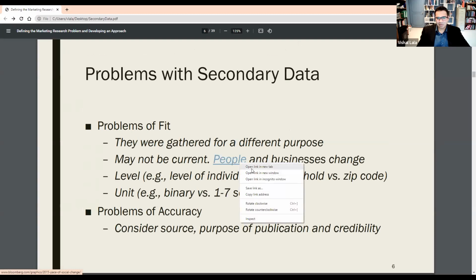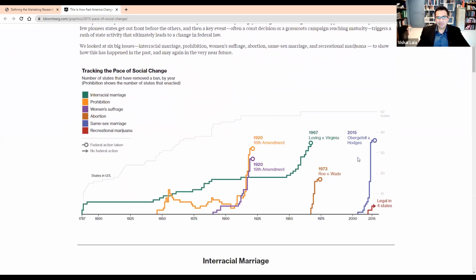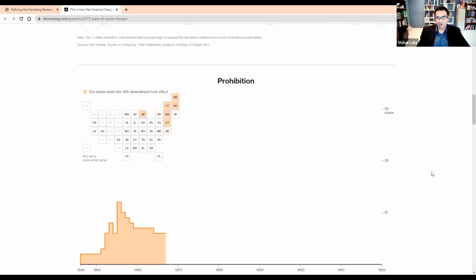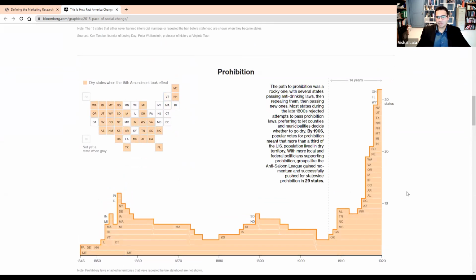Consider, for example, this graphic that shows how fast America changes its mind. Now, granted, there are certain things that America wrangles about or has been wrangling about for years now, like guns and abortion. But aside from that, you'll notice that in certain cases when America does arrive at an agreement, for example, with regard to alcohol or prohibition.